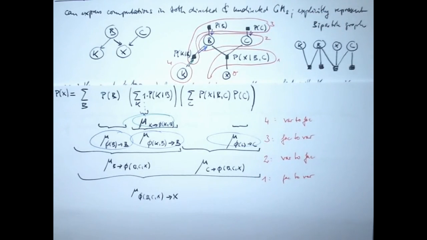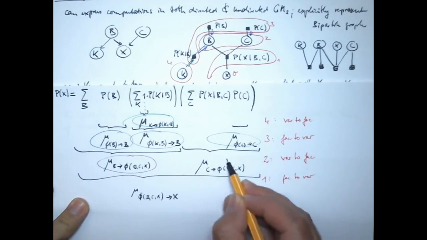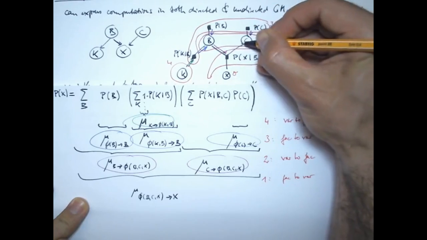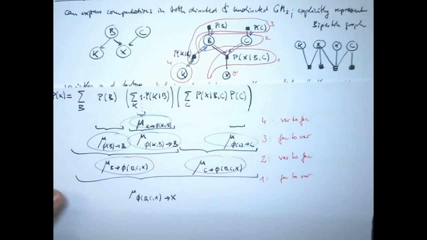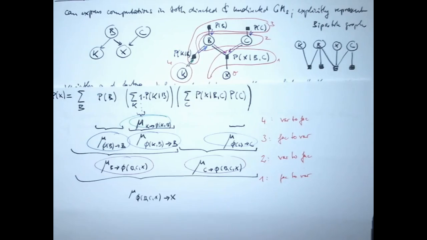And the rest, well, there's not so many choices left. We have these two messages here going to that factor. And finally, our last message being sent to the variable x.